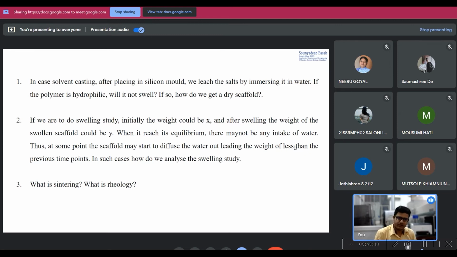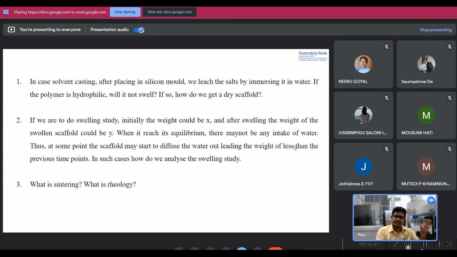So when we are doing the swelling study, we are taking the dried hydrogel and putting it in water or the solvent or whatever buffer solution that we are using. Then we get the hydrogel swollen. As soon as it gets to the equilibrium point, we take the hydrogel out, tap dry it using a tissue paper, and measure the weight or the dimension of the hydrogel.